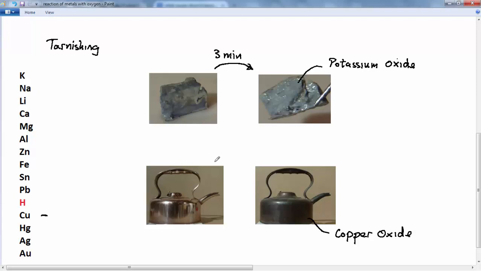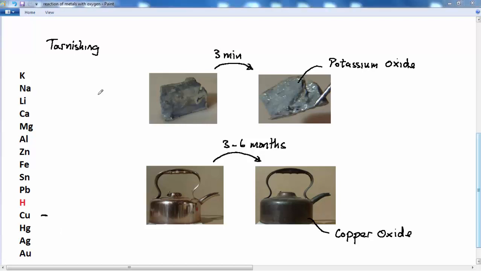Now this process, as I just mentioned, can take a much longer time than potassium. Potassium is done in 3 minutes. This may take, for example, between 3 to 6 months, okay, for the tarnishing to take place. So again, the position in the reactivity series is important.